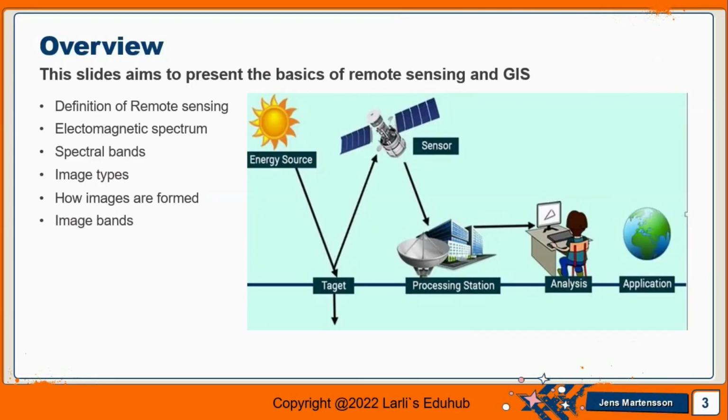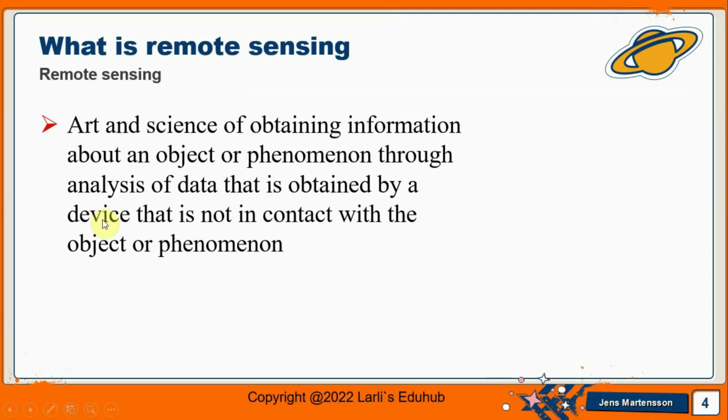In the delivery, we are going to talk about what remote sensing is, the electromagnetic spectrum, the spectral bands, the image types, and how images are formed with the image bands. So remote sensing is the art and science of obtaining information about an object or phenomenon through analysis of data that is obtained by a device that is not in contact with the object or phenomenon.